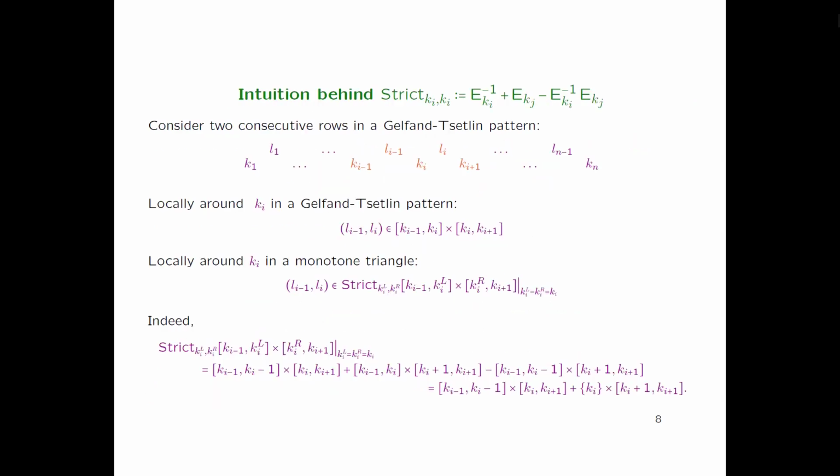Again, we first start with Gelfand-Tsetlin patterns. And if you look at two consecutive rows in the Gelfand-Tsetlin patterns, and you look locally around the Ki, then actually the pair Li minus 1, Li has to lie in the Cartesian product that you can see over there.